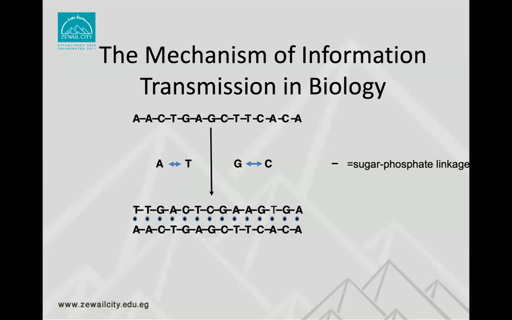Where you had a G, you get a C, and vice versa. So in other words, the sequence of the second strand is determined by the first. And if you split each of these up, you can make another copy from each of them. And this is the way the information is transmitted from one generation to the next. But the transmission of information in biology is much more than the transmission of information from generation to generation.